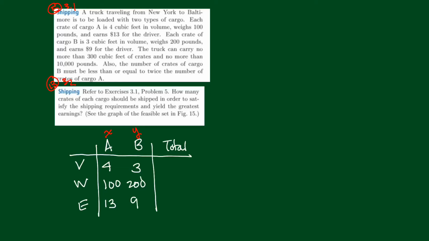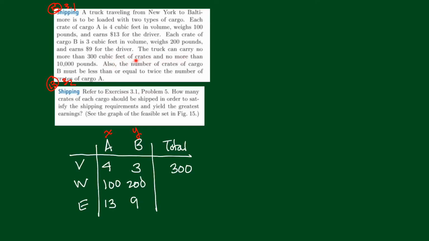I'll separate this off. Now, what else do we know? Well, the truck can carry no more than, that means less than or equal to, 300 cubic feet. Now, that's a volume. So when I write that over here, I'm going to leave a little space and write my 300. Now, what do you know about the weight?